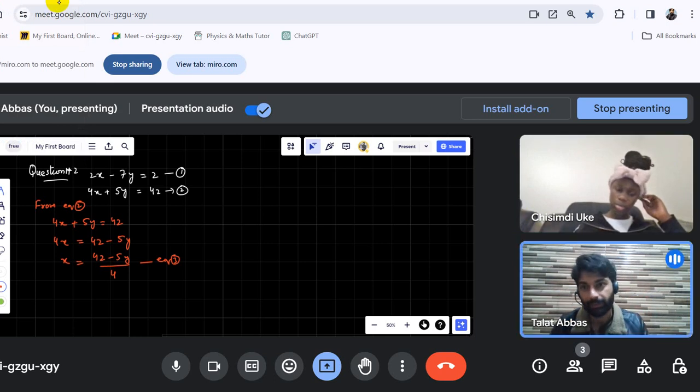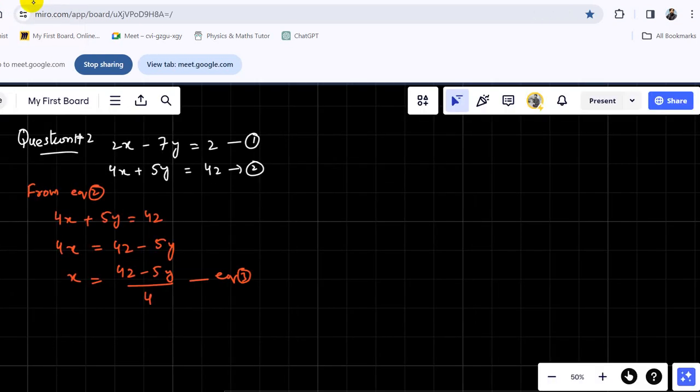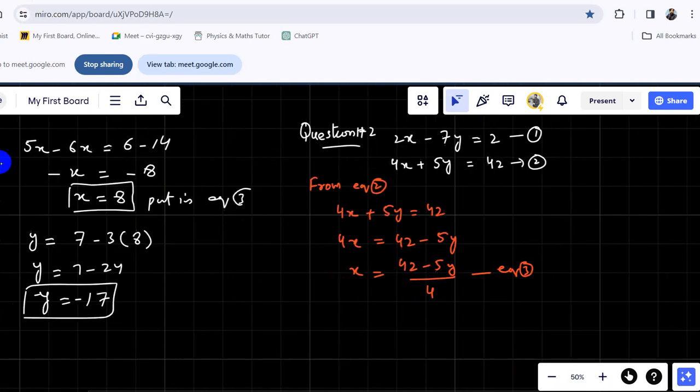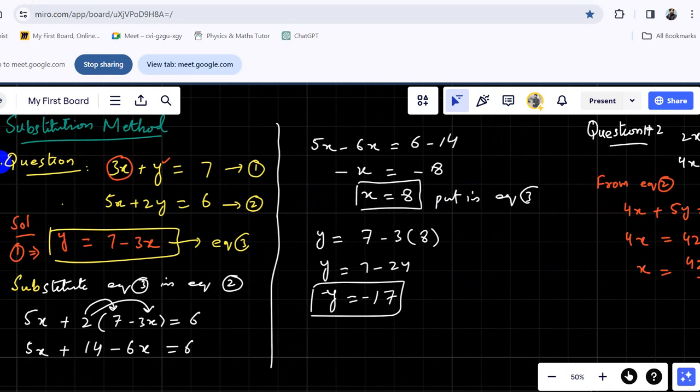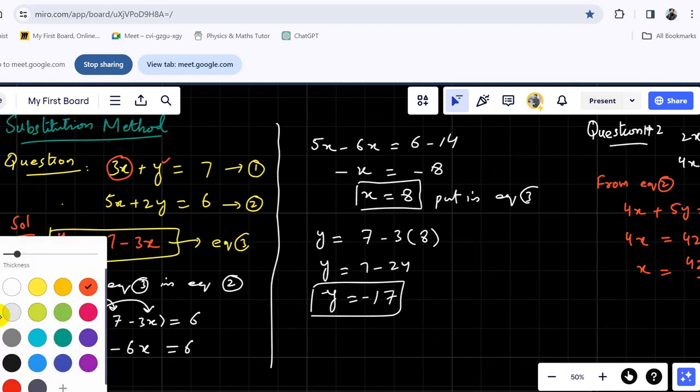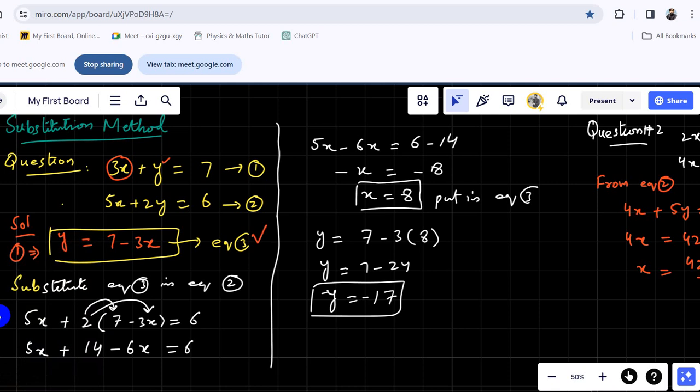What we did in the previous question, let's check the previous question here. So this was the previous question. What we did after getting the third equation? This is equation number 3. After getting equation 3, what we did?